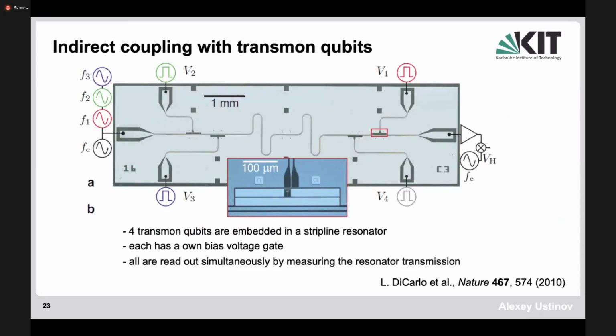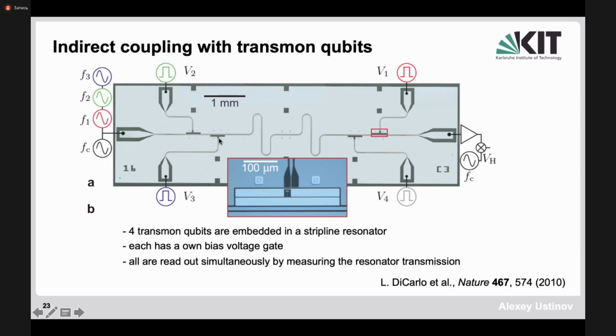Now, one of the first examples when multi-qubit gates were demonstrated was done with indirect coupling with transmon qubits. This was already more than 10 years ago, done at Yale by Leo Di Carlo, who actually moved since then to Delft University. So in that experiment, which I have chosen here as an example, they had the setup for cavity QED.